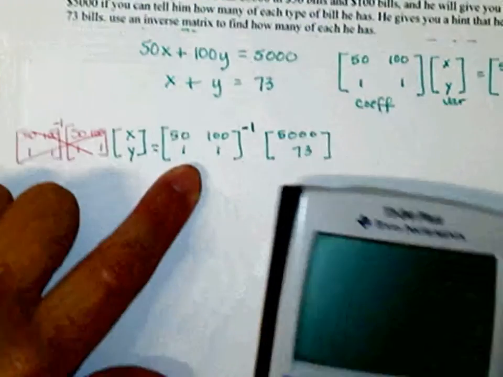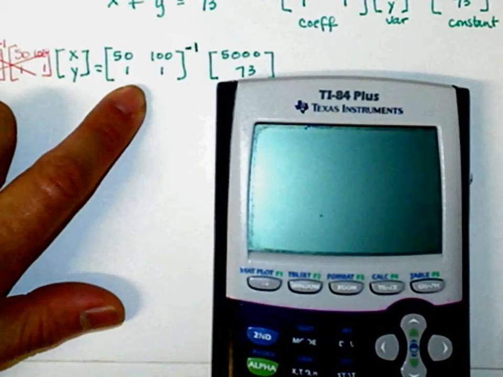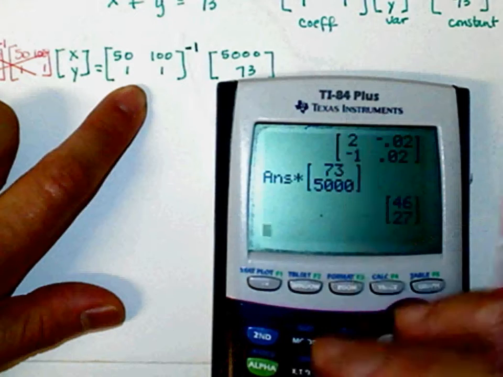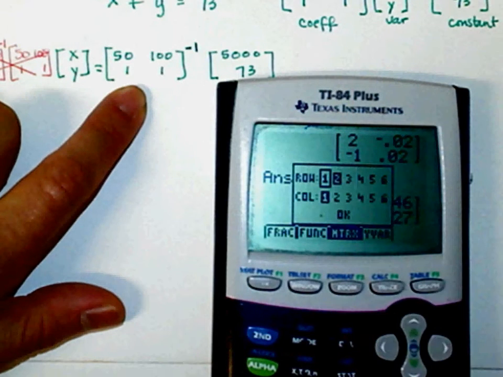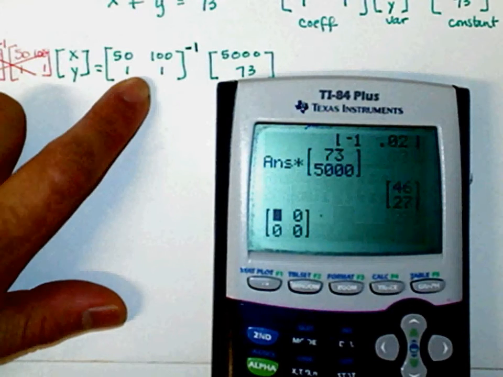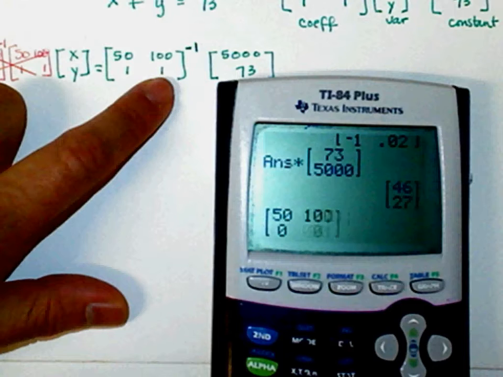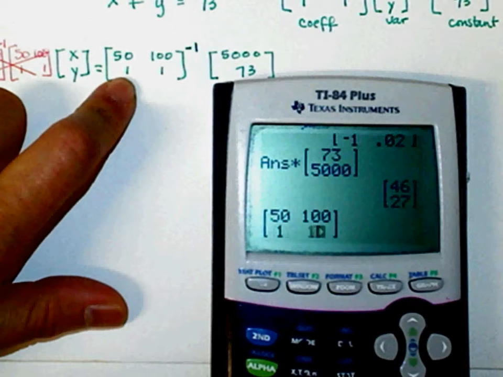Alright, so here I'm just going to type into my calculator. Notice I have a 2x2 and a 2x1, so I can actually use alpha zoom. Okay, so I have a 2x2, and I'm going to type in 50, right click, 100, right click, 1, right click, 1.